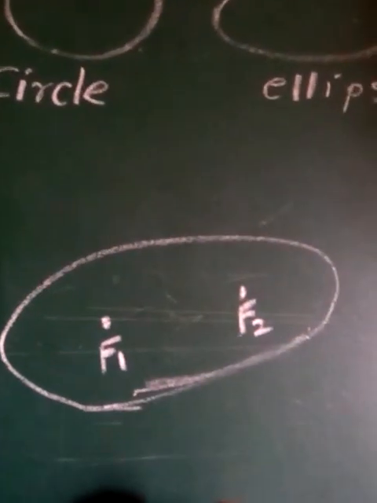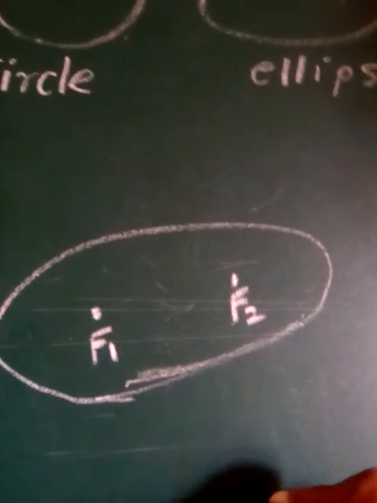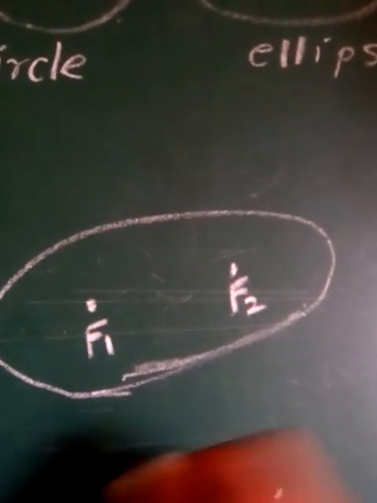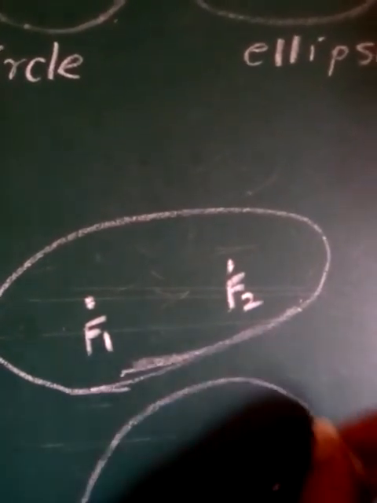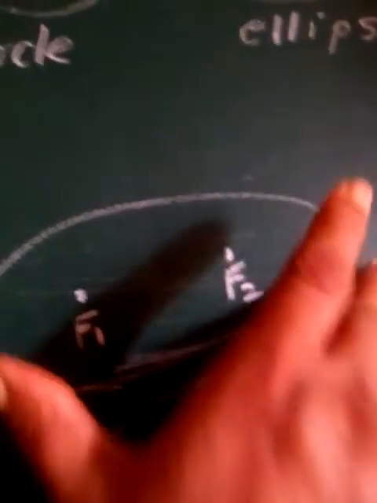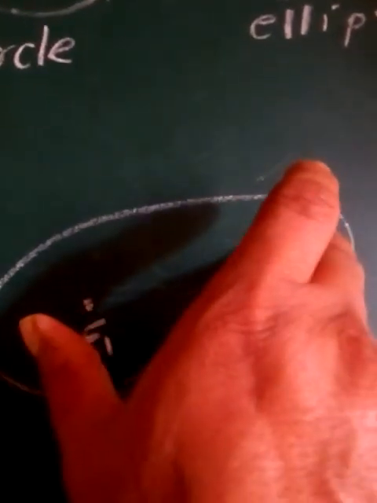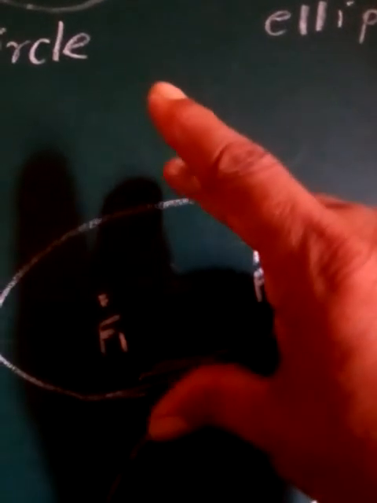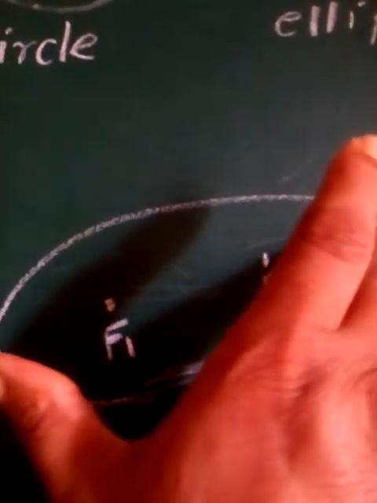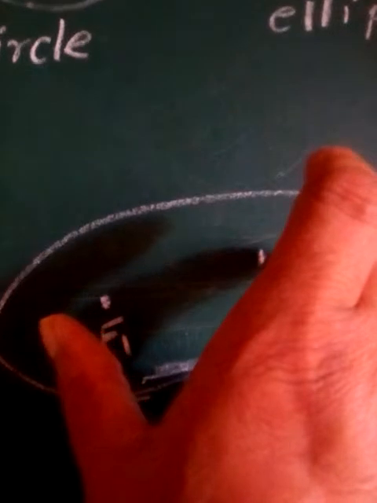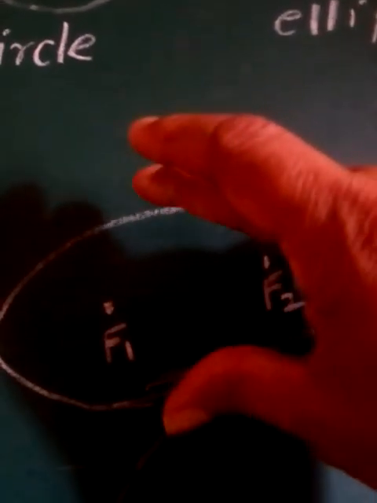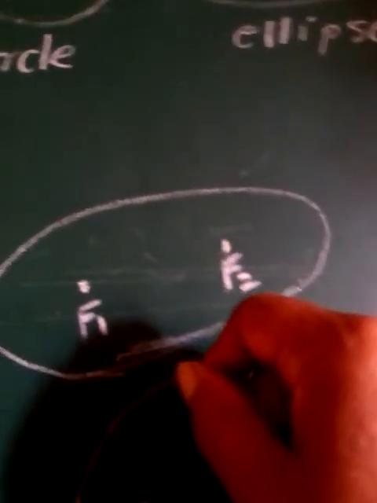If the foci are brought near each other, the same ellipse's oblongness will decrease, in other words, its major axis will decrease and its minor axis will slightly increase if the area has to be the same.